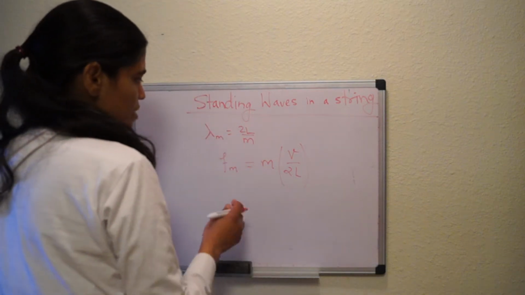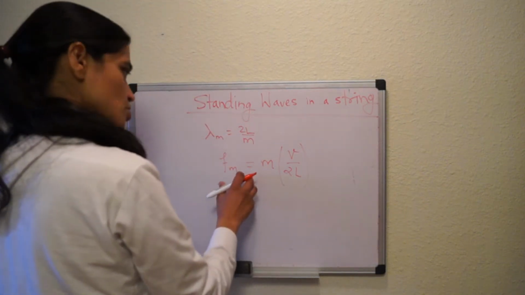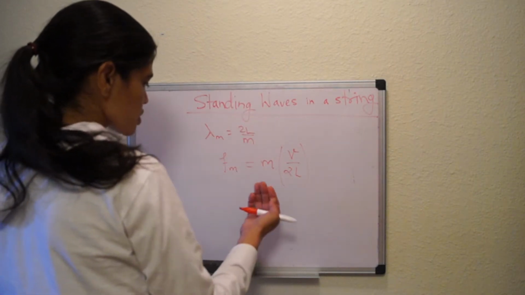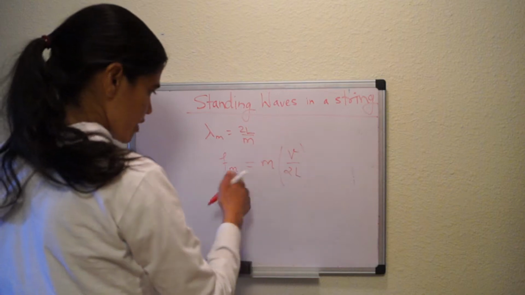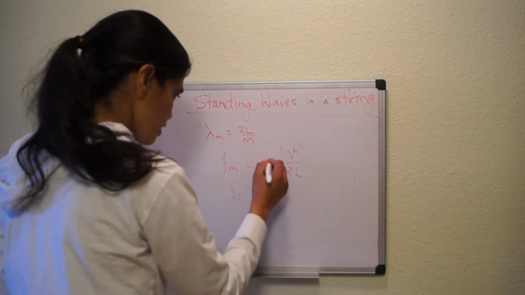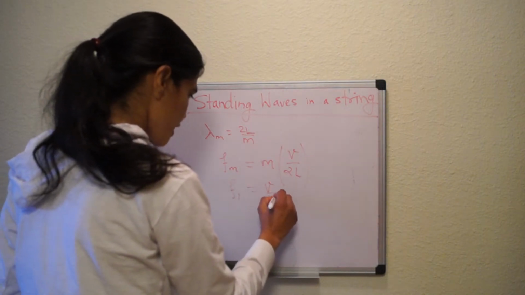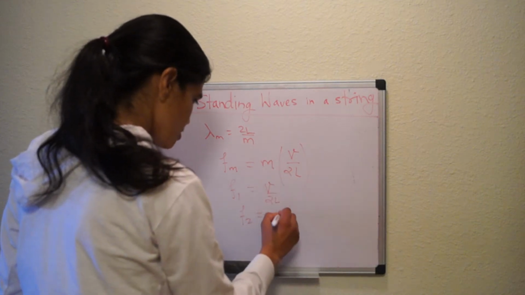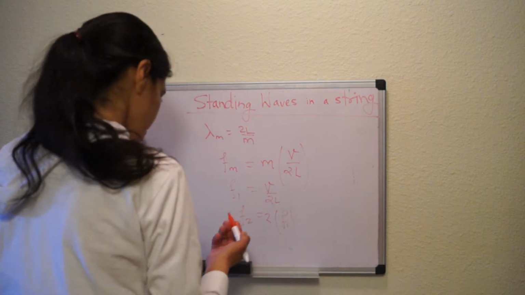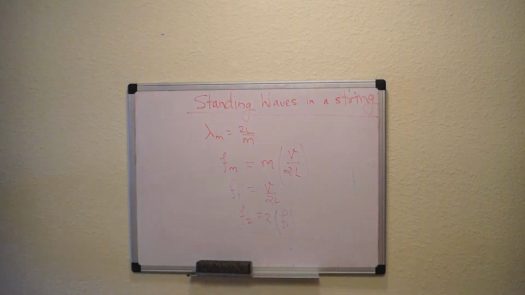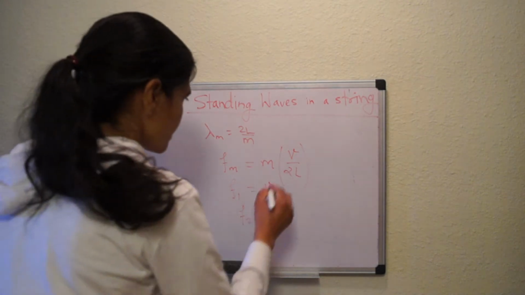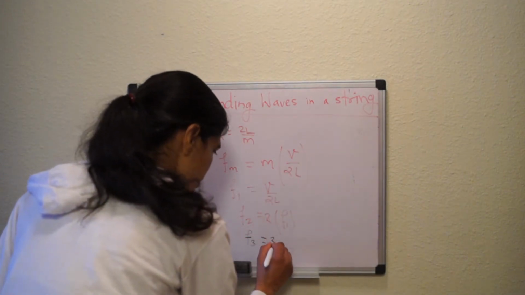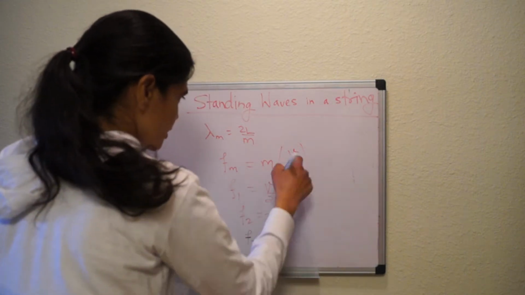If we look at this, every frequency is actually just a multiple of the first frequency. So we have, let's say, f1 equals m times v over 2L, f2 equals 2 times this first f1, and then f3 equals 3 times f1, with m equal to 3 and the rest remaining the same.